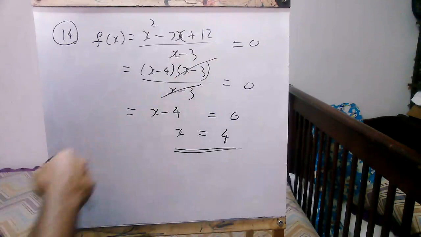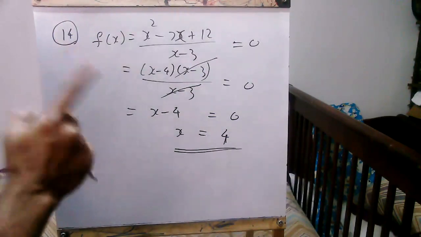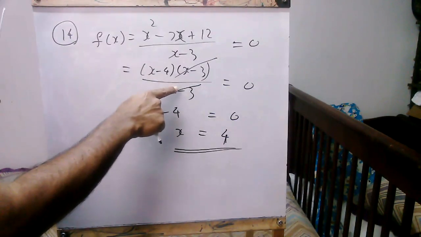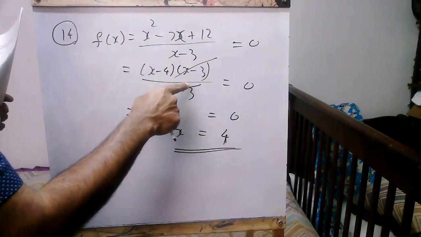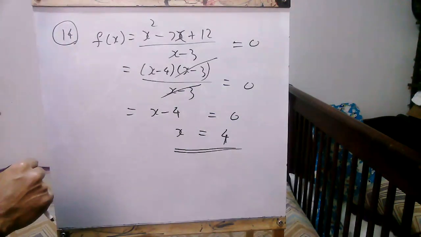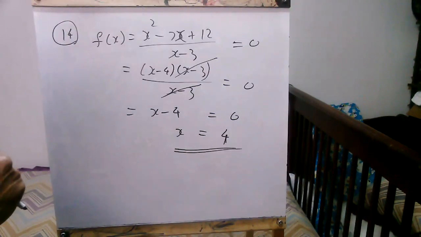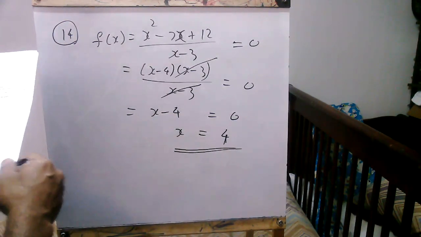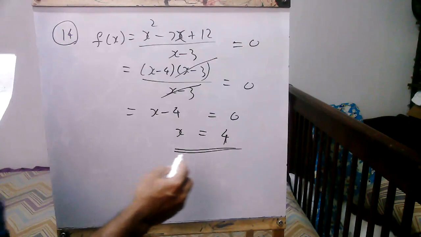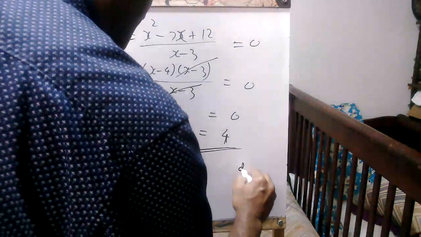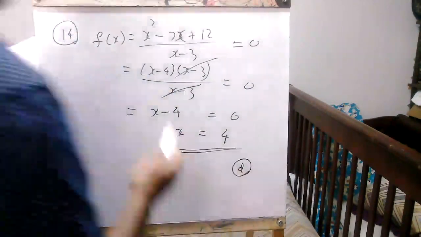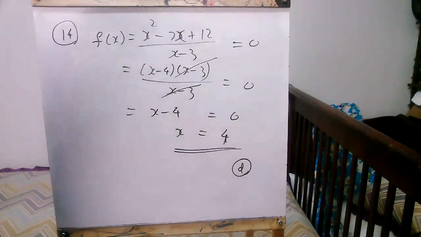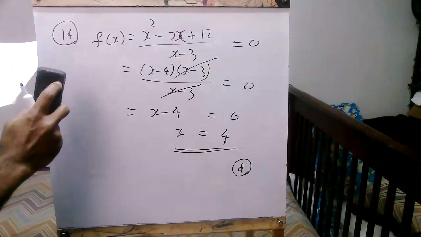Here this cancels with this, but what that means is when x equal to 3, it has a hole. It is not a 0. Therefore, the only answer is x equal to 4 only, which is answer choice D. Right?